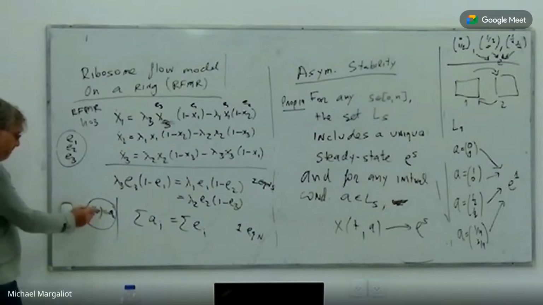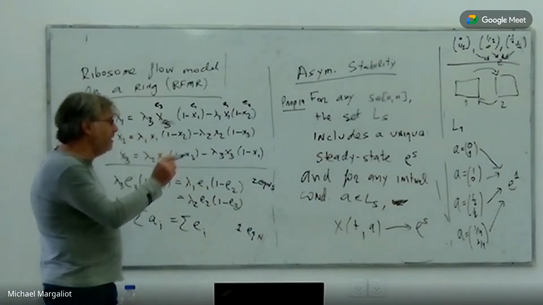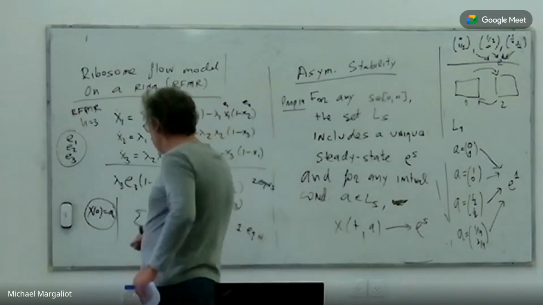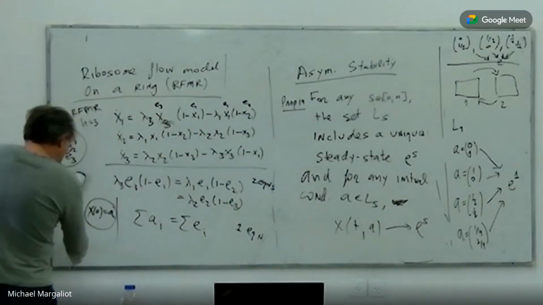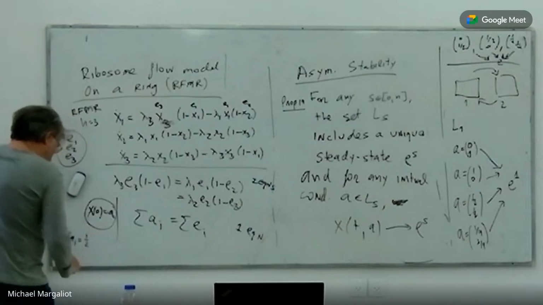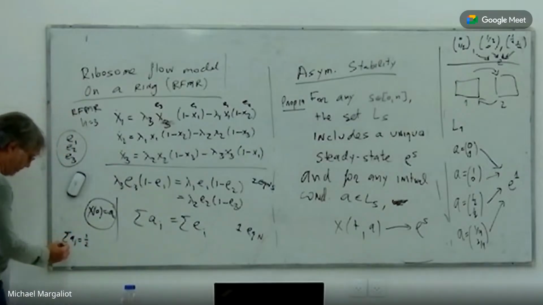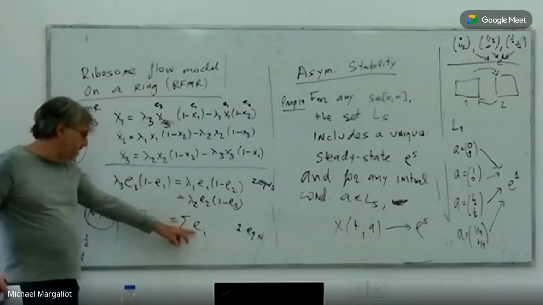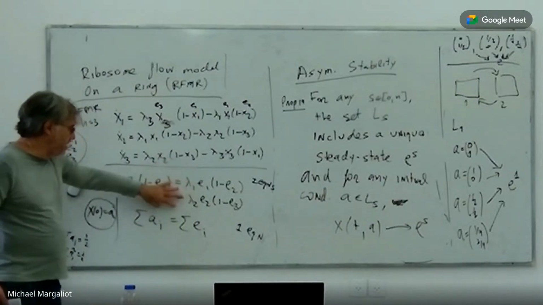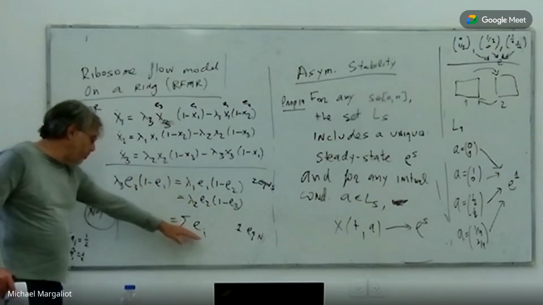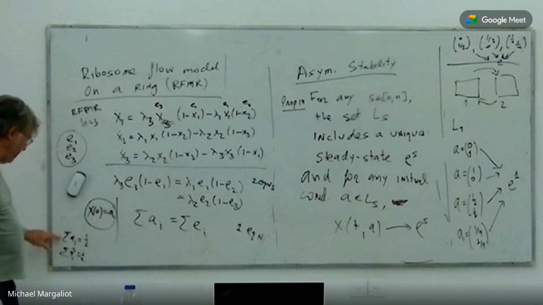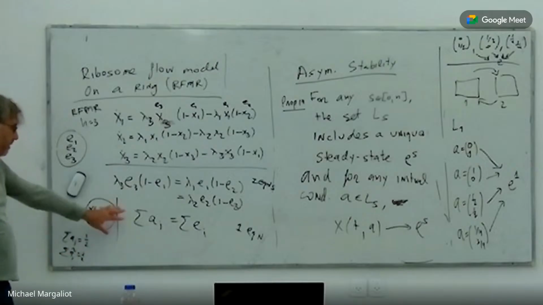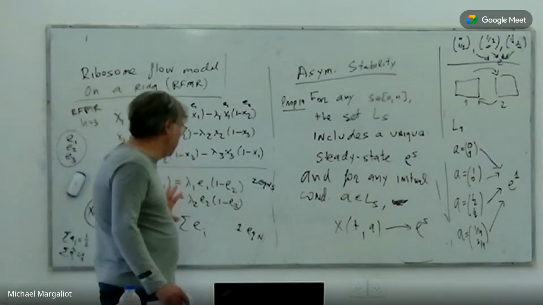If I take a different initial condition, but in the same level set, imagine that sigma A_i, just as an example, is 1/2, and I take a different initial condition with the same density, then of course I will converge to the same equilibrium. Why? These equations remain the same, and this equation also remains the same because it only depends on the total density at the initial condition. So if you keep the total density the same, you will get the same set of equations and then you will get the same E.